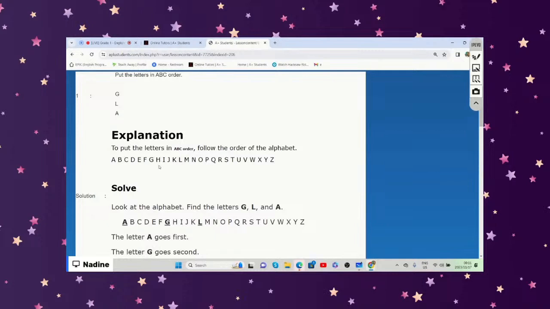In order for us to put the letters in ABC order, that is like putting it in alphabetical order, it means that we just have to follow the alphabet.